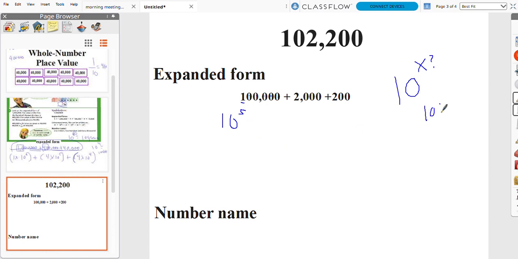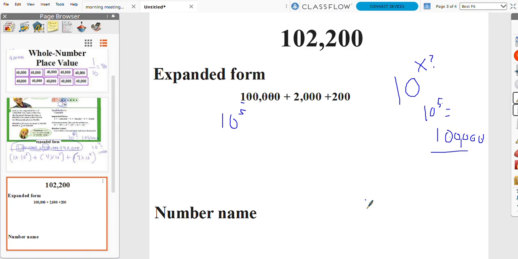We put my 10 down, and we have my 1 down, and my 5 zeros. 1, 2, 3, 4, 5, right? 100,000. You have 1, 2, 3, 4, 5 zeros. That's my exponent. If you did 10 times 10 times 10 times 10 times 10, you would have 100,000. Correct? Think about it. I would agree, right? All right.